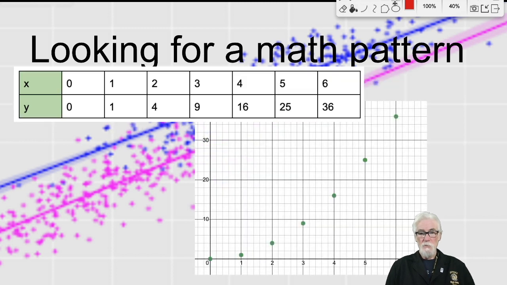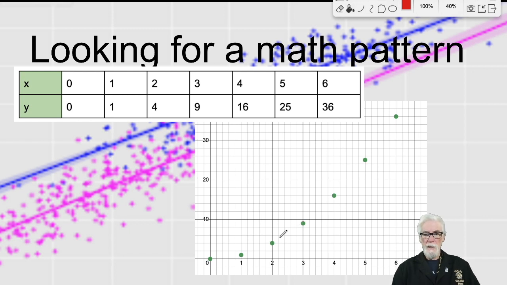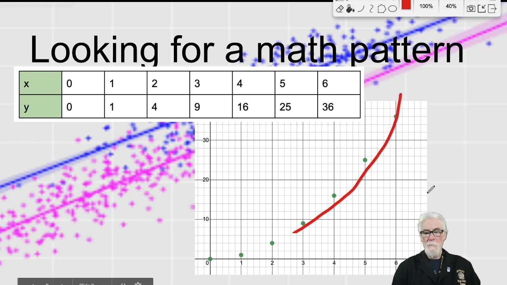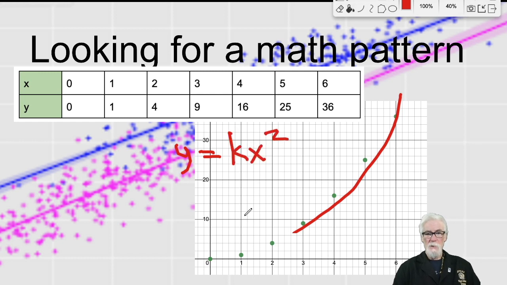When we graph this data, we get that same kind of a shape, that upward curving shape that we saw with the strength and wire diameter data. This is a parabola. You may recognize this shape from math class. That generally upward curving relationship between X and Y is what we call a parabola. And parabolas have this Y equals K times X squared relationship.